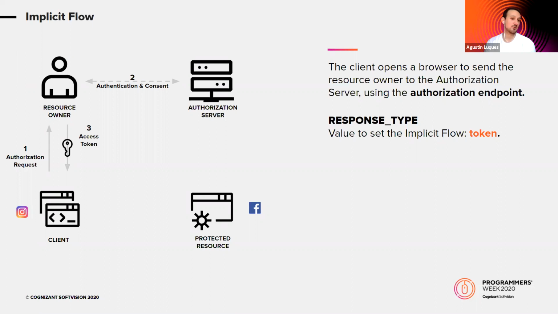Now, with this access token, we will access the protected resource. You might be thinking that it might be more insecure, and you are right. Later, we will see why this flow is legacy and what vulnerabilities it has.